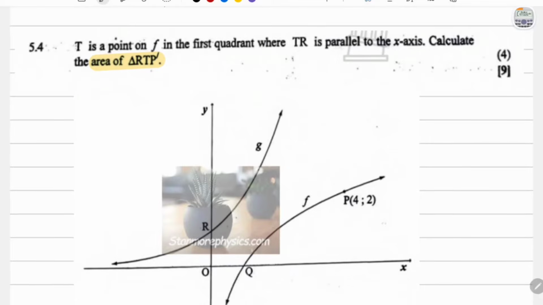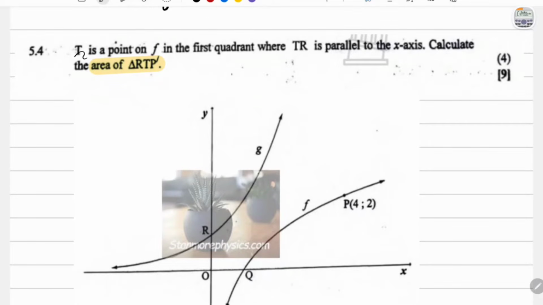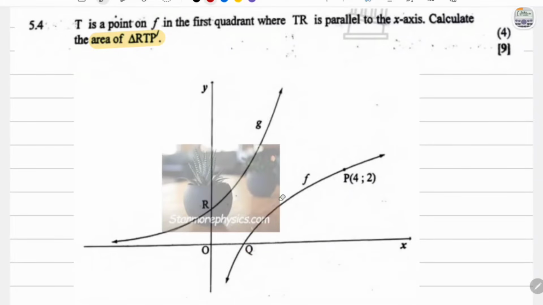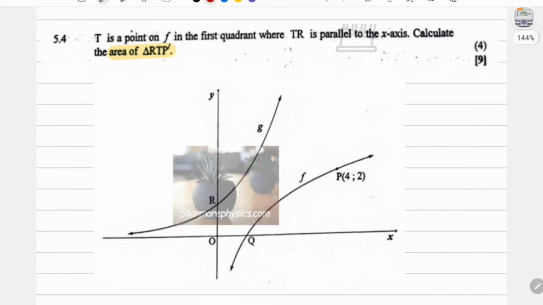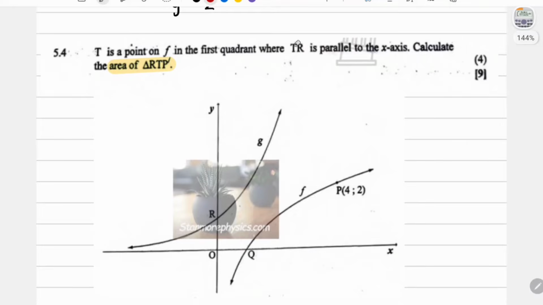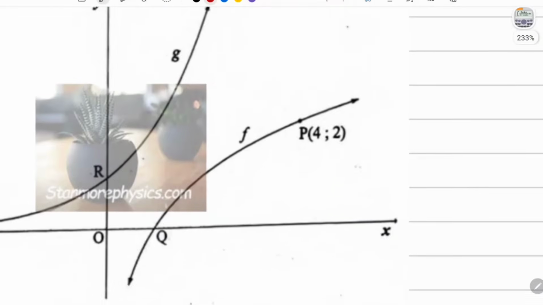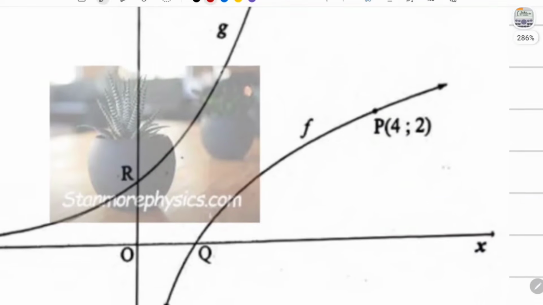Okay, let's start off with what they told us at first. They first said T is a point on F in the first quadrant where TR is parallel to the x-axis. So there's this point T, and it's going to lie on the graph of F. But they also told us that TR must be parallel to the x-axis. So when you join T and R, they will be parallel to the x-axis.